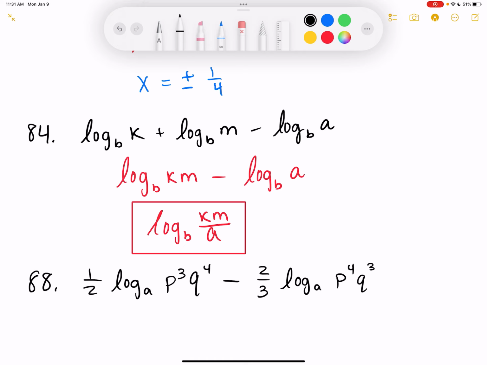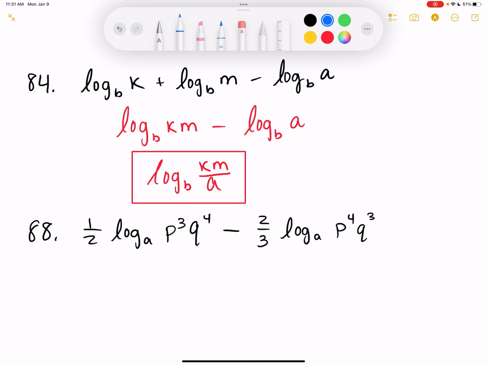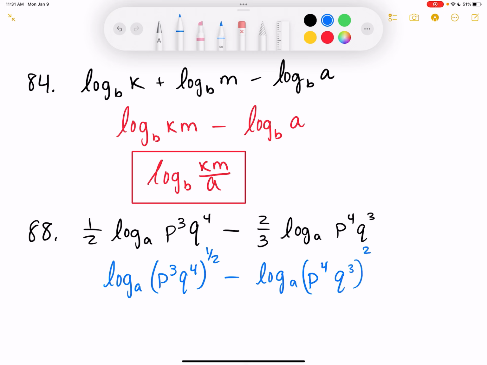With this one, the first thing I would do is take whatever's out front and put it up top. But when you do that, you need to put it in parentheses because you have two things in here. So it would be log base a of p cubed q to the 4th, all raised to the 1/2, minus, let me do the same thing over here, log base a of p to the 4th q cubed, all of that raised to the 2/3.